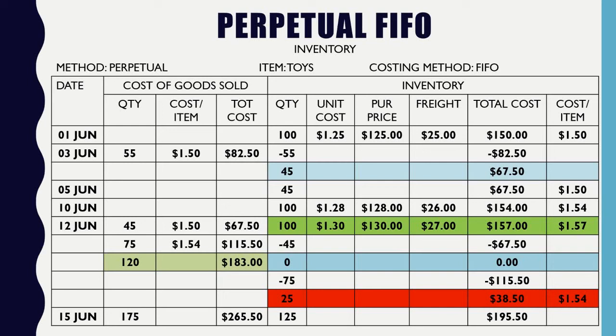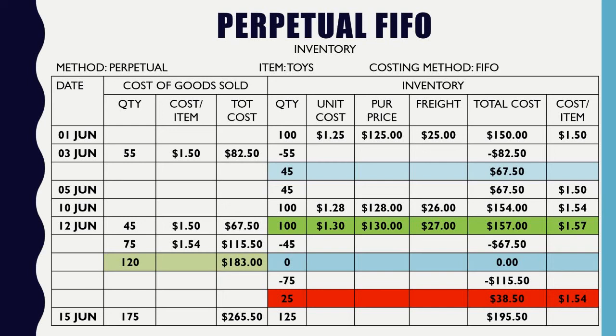Okay? All right? Now, here is what you need to know. There's no need for a conversion entry because you never recognize your inventory as an expense. It already is inventory. And we already calculated what the cost of goods sold was every single time we sold the inventory.